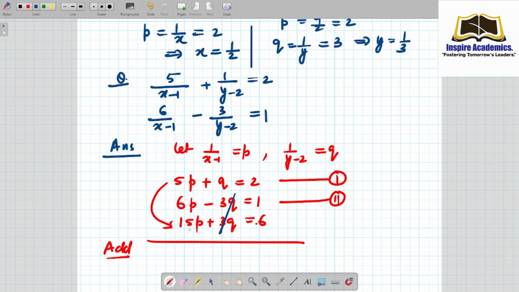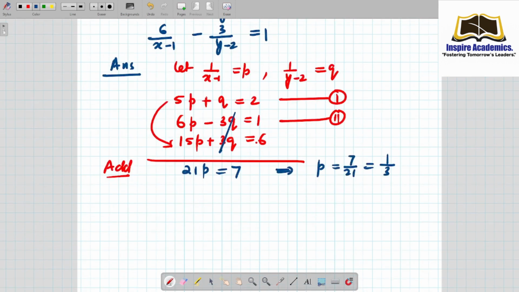We will get 15 plus 6 as 21p equal to 6 plus 1, which is 7, which means the value of p is 7 upon 21, which is 1 upon 3. And what was my value of p? p was 1 upon x minus 1. So 1 upon x minus 1 equal to 1 upon 3, which means x minus 1 equal to 3 and x will be 4.